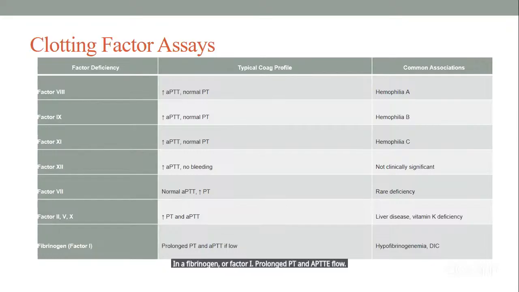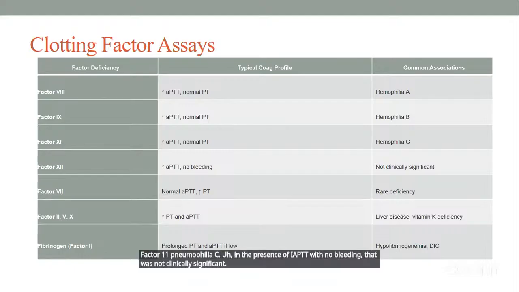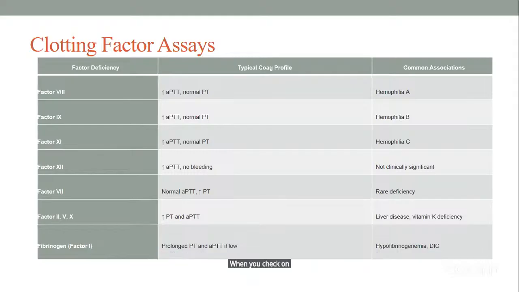What does that say? As I have said, factor 8, that is hemophilia A, factor 9, hemophilia B, factor 11, hemophilia C. In the presence of high APTT with no bleeding, that is not clinically significant. When you check on factor 7, normal APTT with high PT, rare conditions, they don't normally occur.